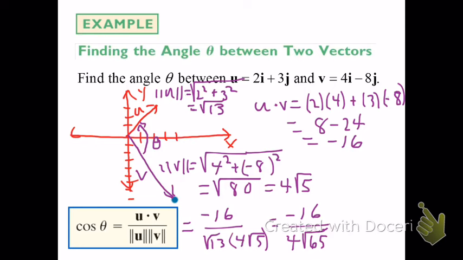And so I'm going to have inverse cosine of negative 16 divided by 4 root 65, and I have approximately theta is equal to 119.7.